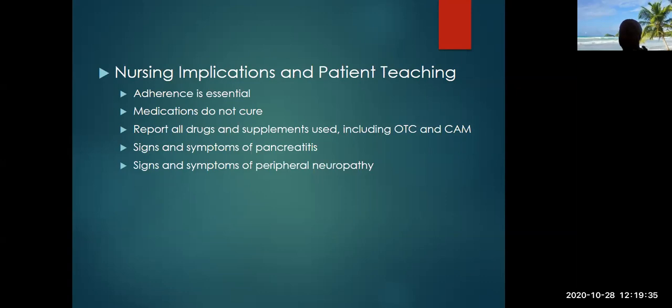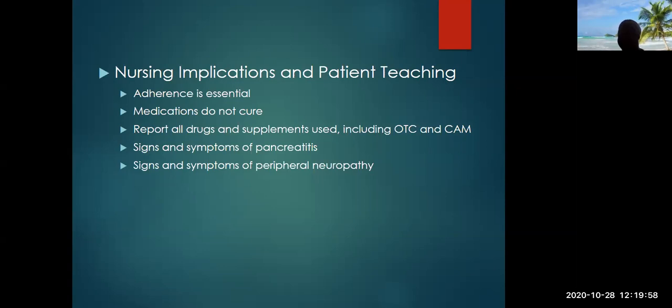So again, make sure you look at these nursing implications and the patient teaching. Adherence is essential. They have to adhere to this medication. Medications do not cure. Report all drugs and supplement use, including over-the-counter and the CAMs, or what is it?